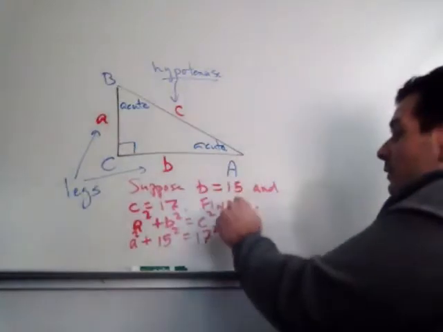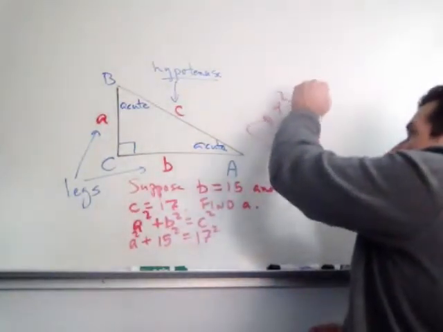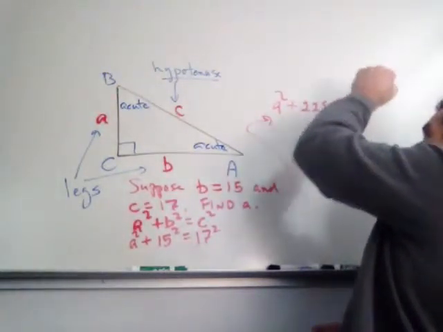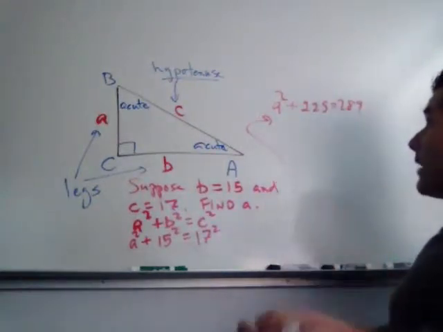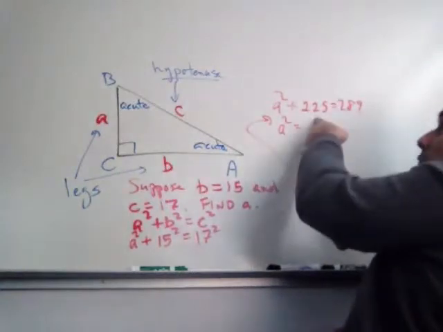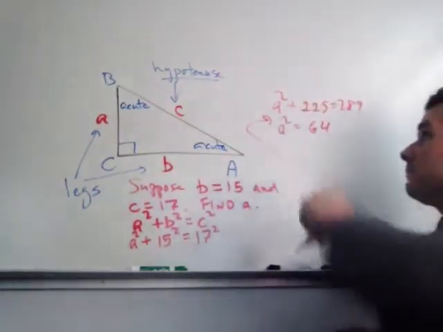So take this over here, and I would have that A squared plus 225 equals 289, right? So I would just subtract 225. So I would have A squared equals 289 minus 225. It's going to be 64.